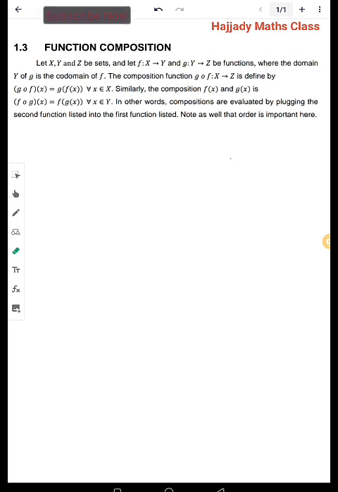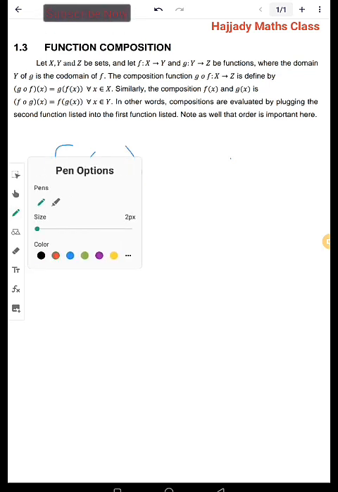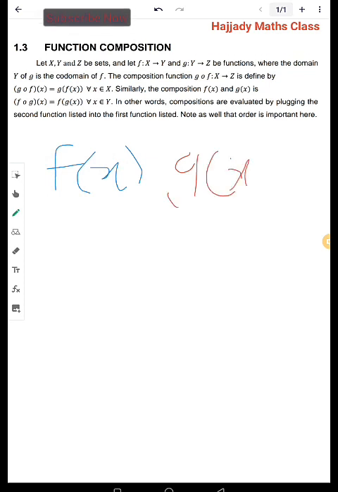It says that the composition of f of x and g of x is this. What we only need in function is that we want to integrate a particular function into a new function. So for instance, we have f of x and also g of x.